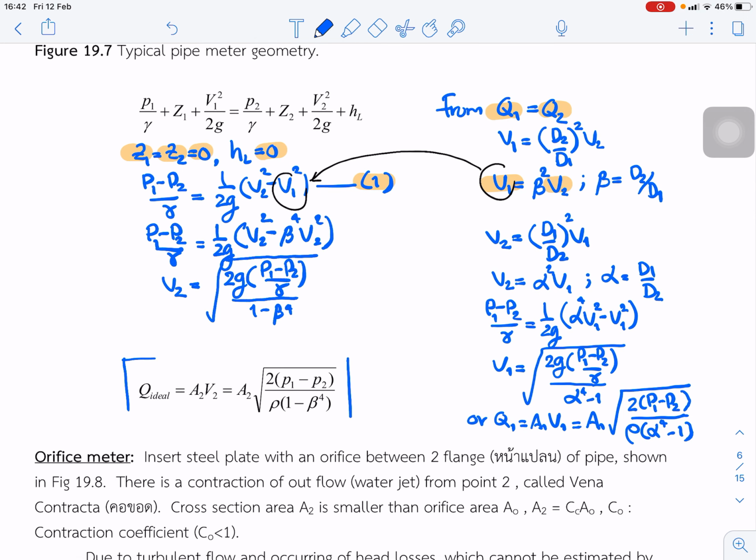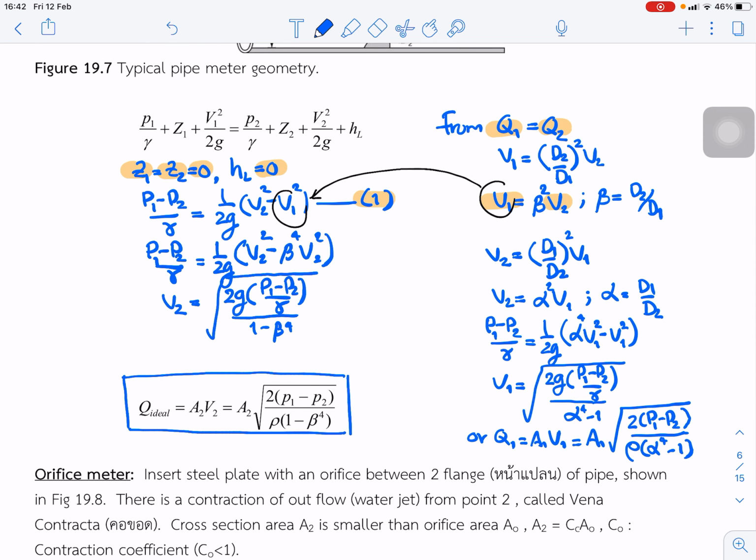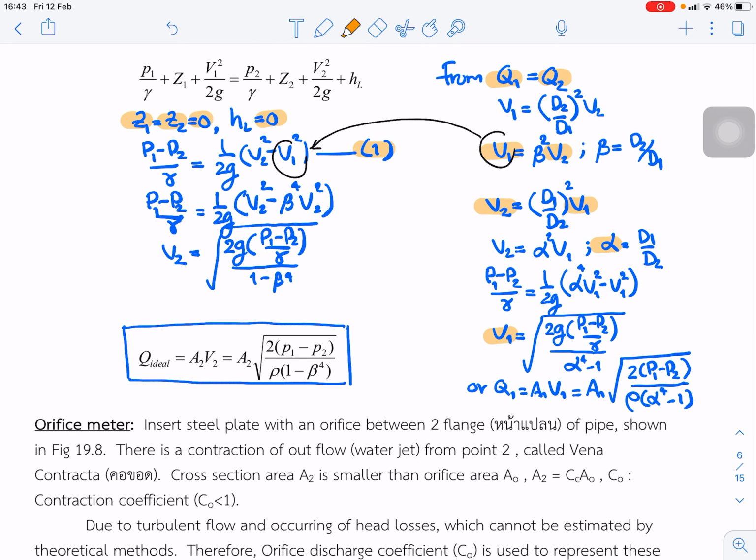So we get this equation for flow rate. Another way, we write V2 as a function of V1. We use alpha to represent D1 over D2, and we can get V1 and Q1 similar to the left hand side equation.